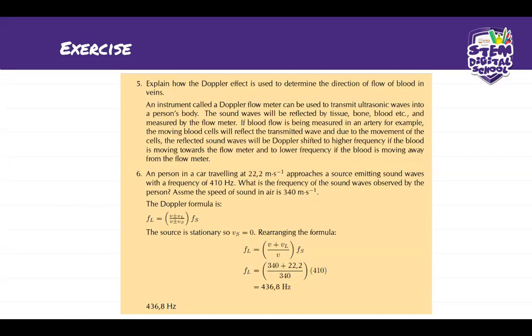So you see, basically your flow meter in this case becomes your source, right? So that's why they mentioned that it calculates the difference in frequencies of your blood flow. Okay.